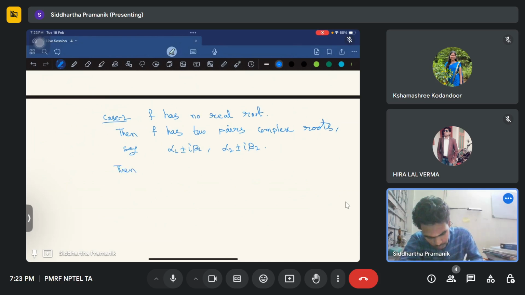Note that f can be factored as two degree 2 polynomials.